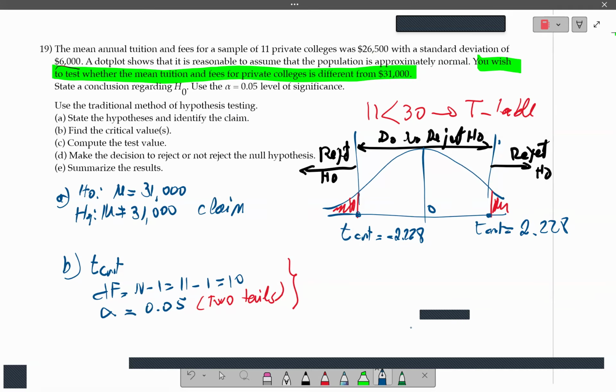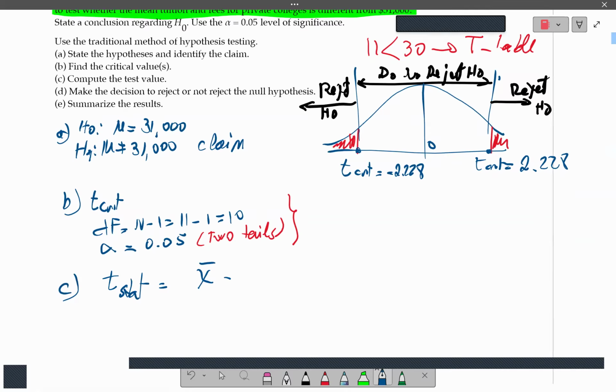All right, T stat. It can be X bar minus the mean divided by S divided by radical N, right? So X bar is going to be what they got for X bar. They got 26,500. Thank you.